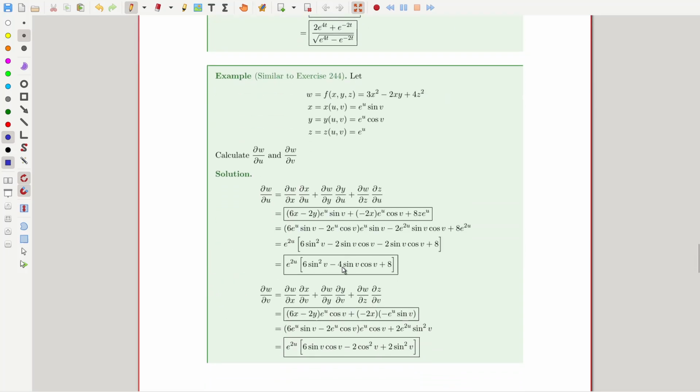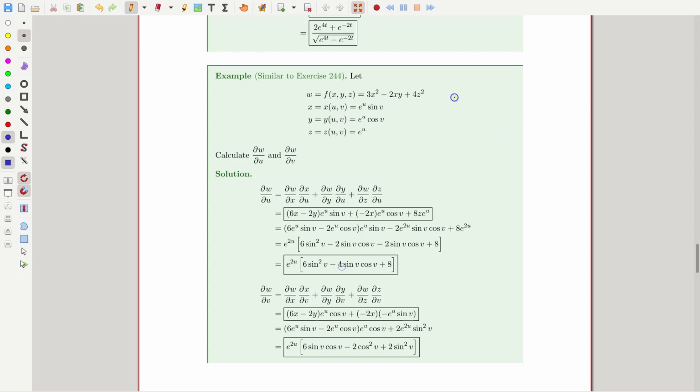This is a slightly more convoluted example. So we have w, a function of 3 variables, x, y, and z, and x, y, and z are all functions of 2 variables u and v.